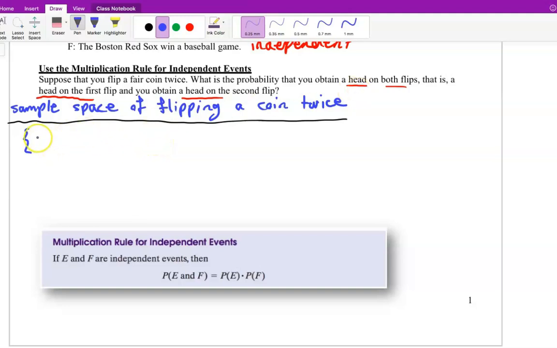On the first try, let's say I had head, and on the second try, I had head. This is another one: on the first try, head, and second try, tail. Another one, I can have on the first try, tail, and second one, head. Or maybe we got both of these tail.